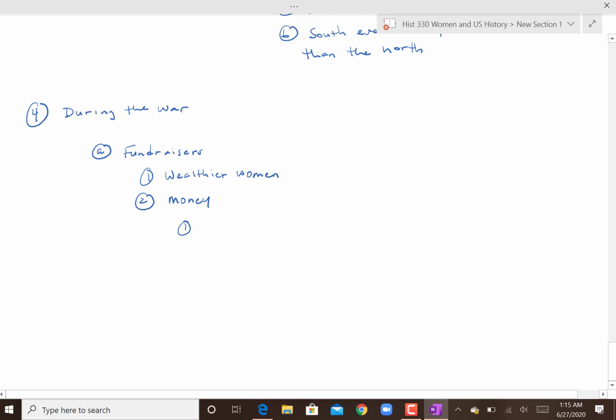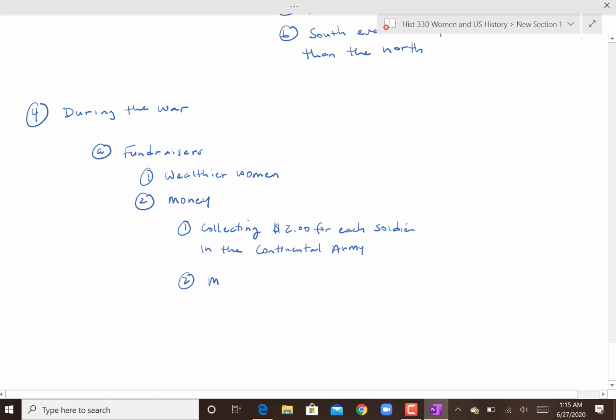They ended up collecting what would allow $2 for each soldier in the Continental Army. So that was a good amount of money. And especially for that time, I know $2 doesn't sound like a lot now, but at the time, $2 for every soldier in the Continental Army was a big amount.